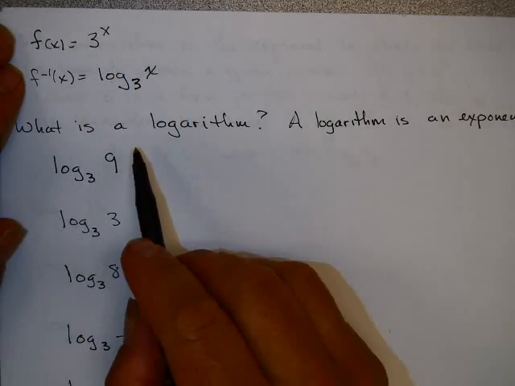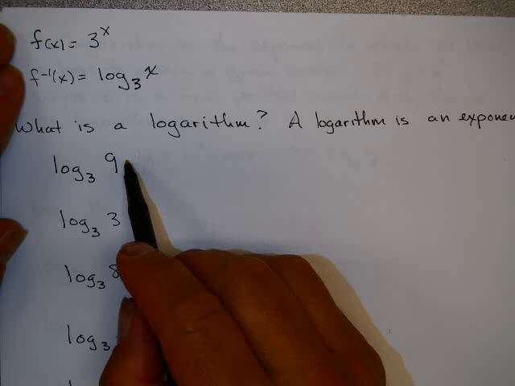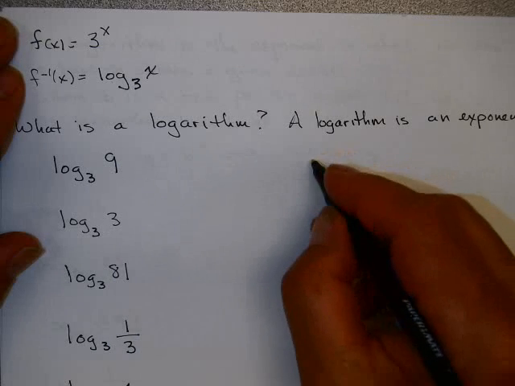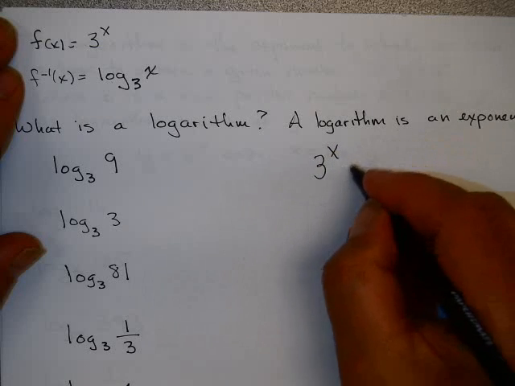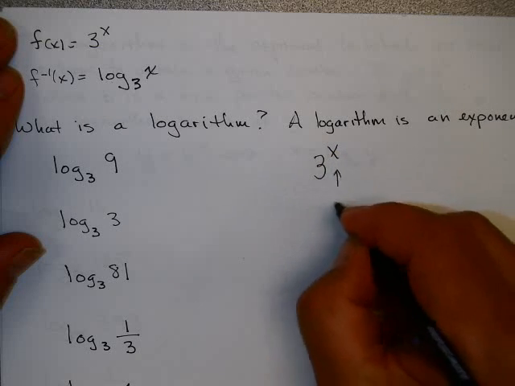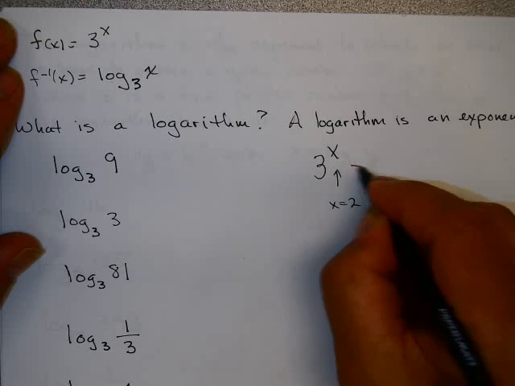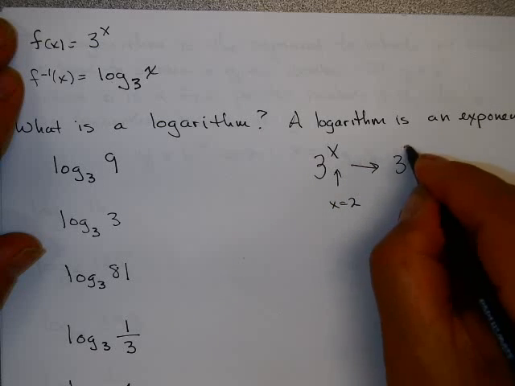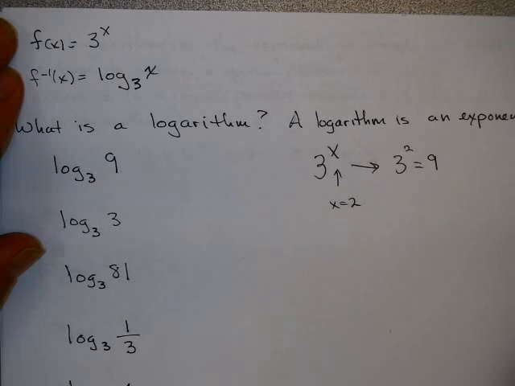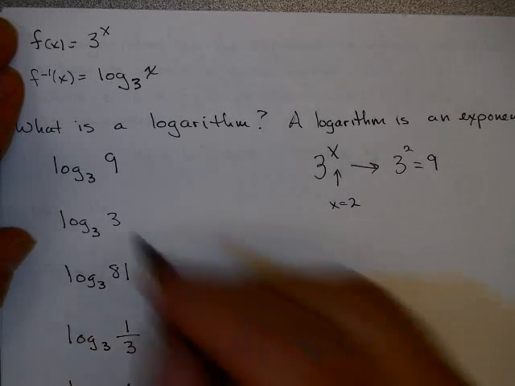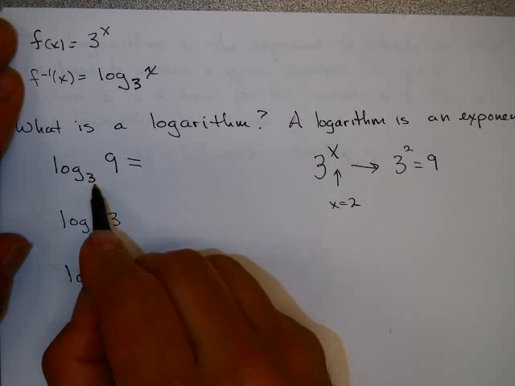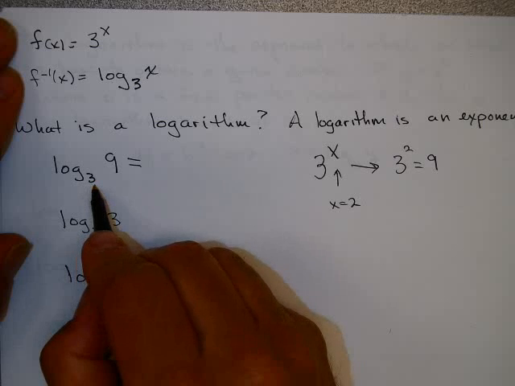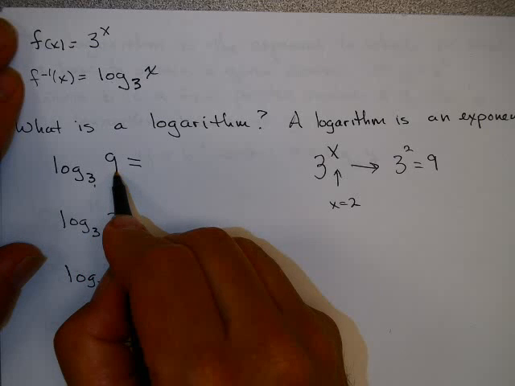So what exactly is a logarithm? A logarithm is an exponent. For example, if you are given the function 3 to the x, and I give you the input 2, it produces the output 3 squared, or 9. So I give you the exponent, you get the answer. For a logarithm, this is asking the question, what is the exponent that I raise this base 3 to get that value 9?